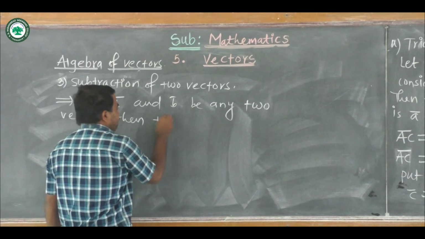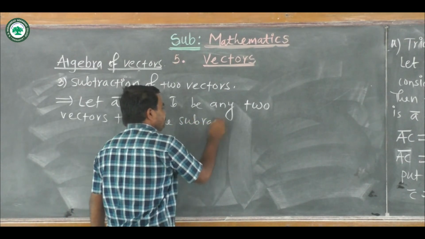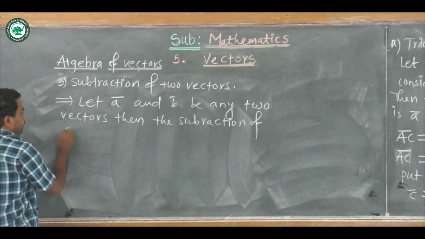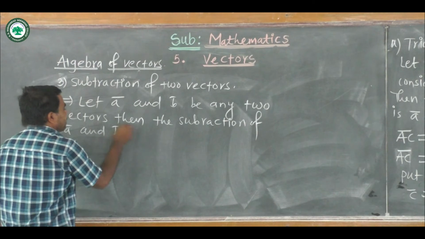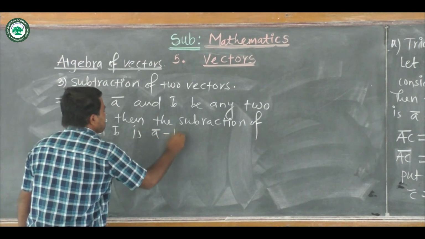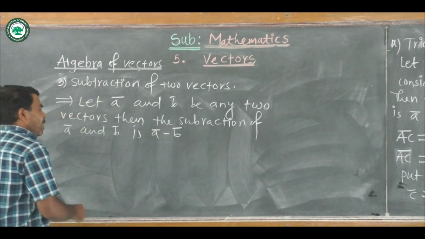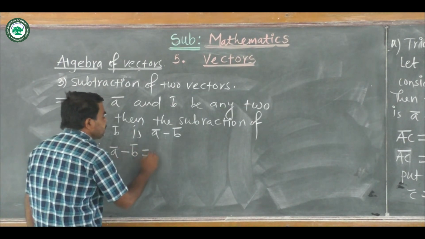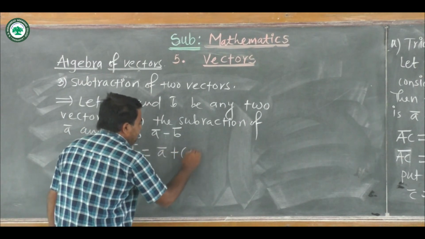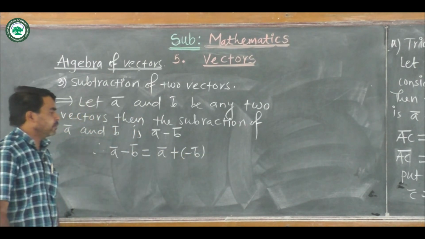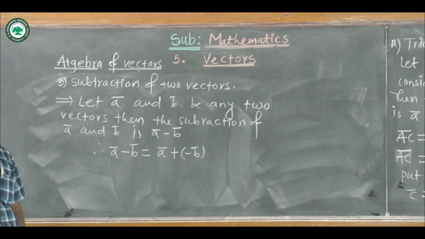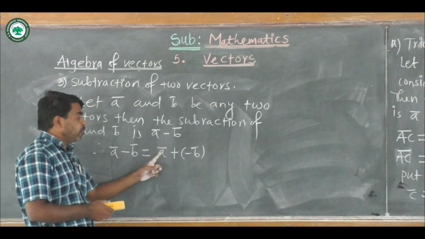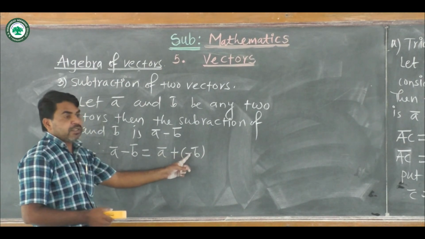Then the subtraction of A bar and B bar is A bar minus B bar, and it is defined as A bar minus B bar is equal to A bar plus minus B bar. It means subtraction can be written in the form of addition. A bar minus B bar is equal to A bar plus minus B bar.